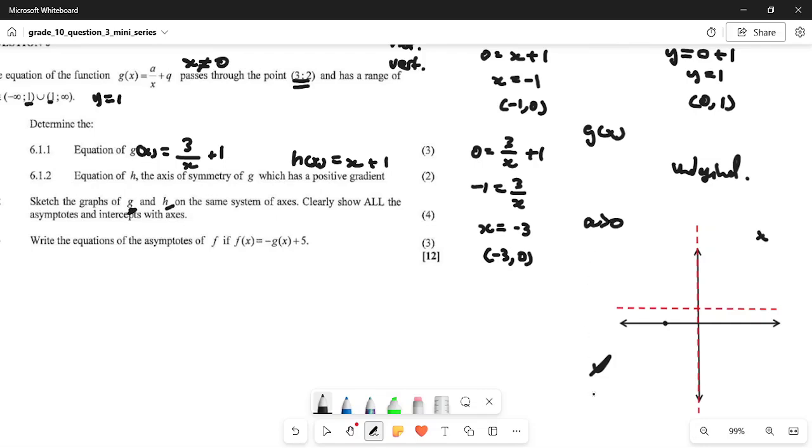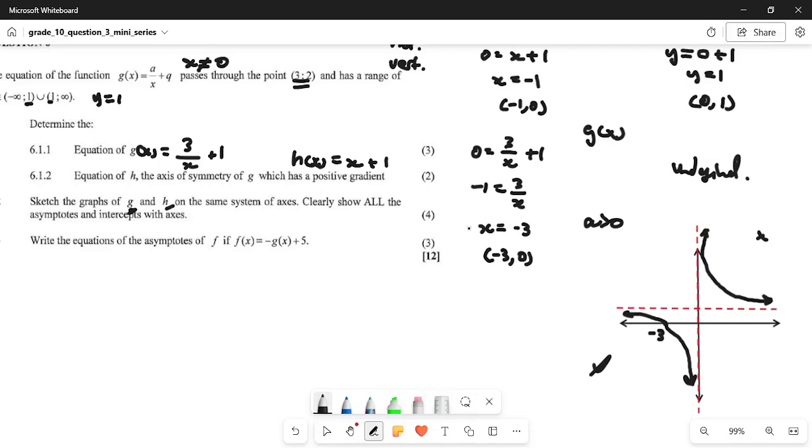Getting this x-intercept in this quadrant is a clear indicator that we are on the right path. So my function should go that way, and the other part should move down to negative infinity. And the other part of our function g should be in this quadrant, and we have no intercept there. Surely you can draw a better curve than me, hey?